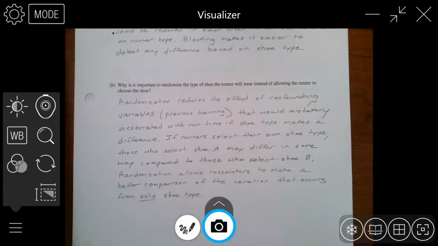Meaning shoe type really was what made the difference, not the runner self-selecting. Because remember, there may be a hunch or some bias or suspicion that the professional runners are going to go with the sleek red color or something, and the recreational runners prefer a darker color. We're not sure. So the randomization helps to even out that playing field.